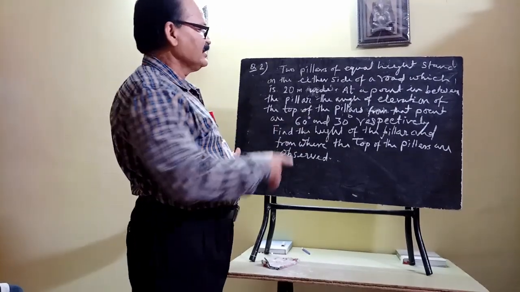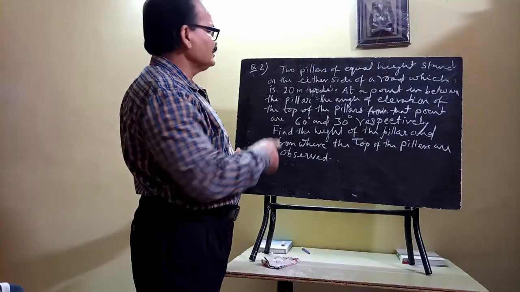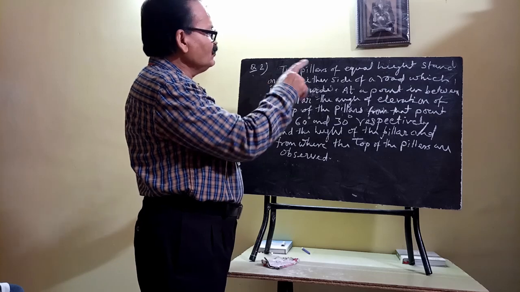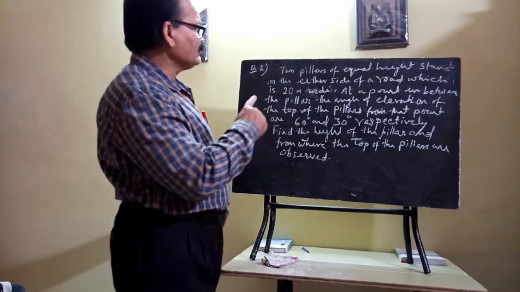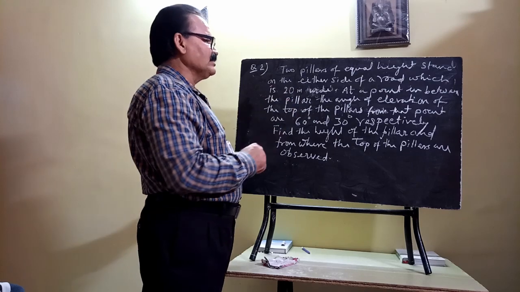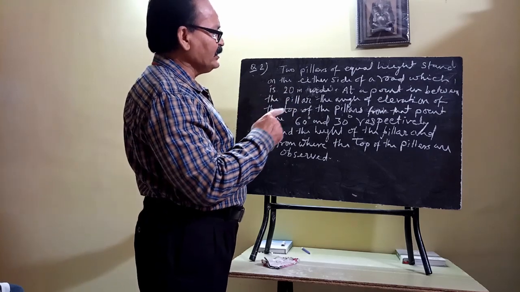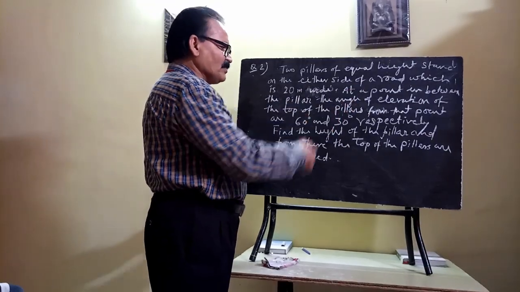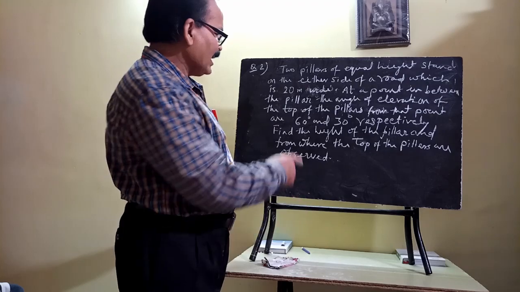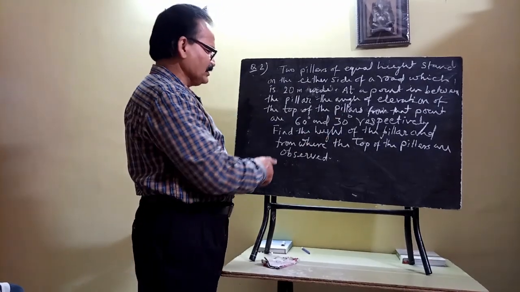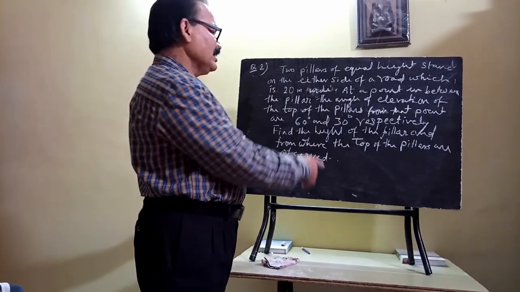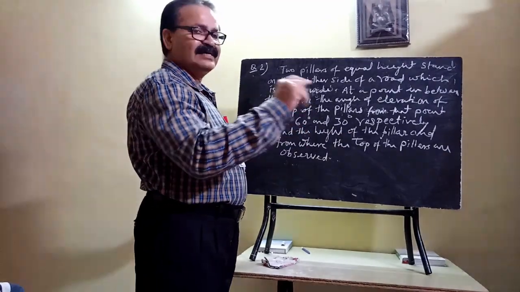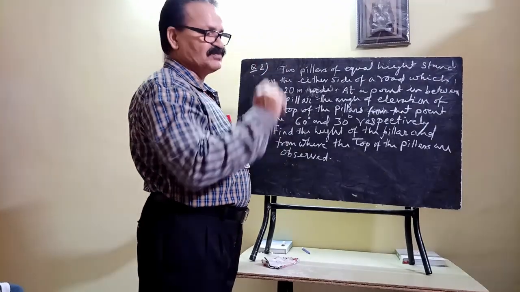After studying this, you have to draw the diagram, then solve. So here two pillars of equal height stand on either side of a road which is 20 meter apart, and at a point in between the pillars the angle of elevation of the top of the pillars from the point are 60 degree and 30 degree respectively. So you have to find the height of the pillars as well as the point from which the top of the pillars is observed.